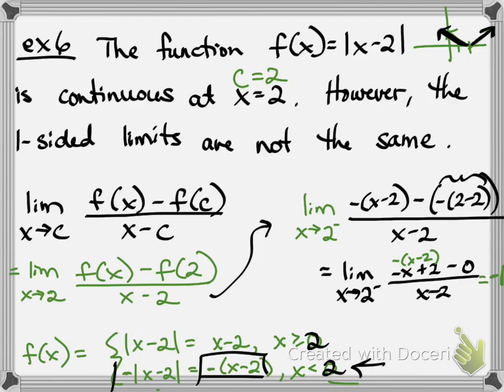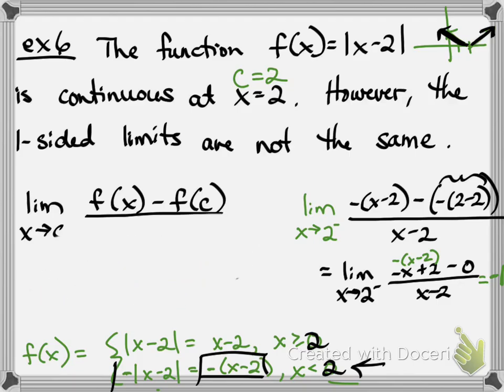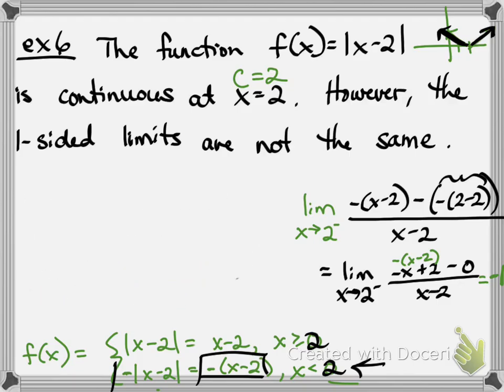If we did the same process for the right-sided limit, I'm going to do it over here. Then x is greater than 2, so we're going to be using this expression.